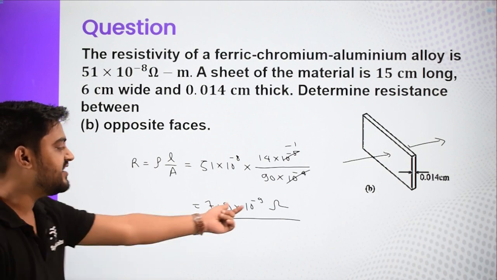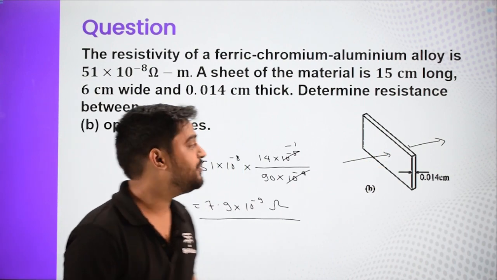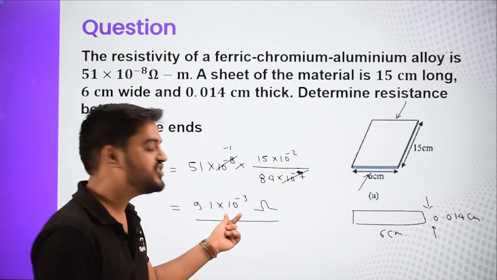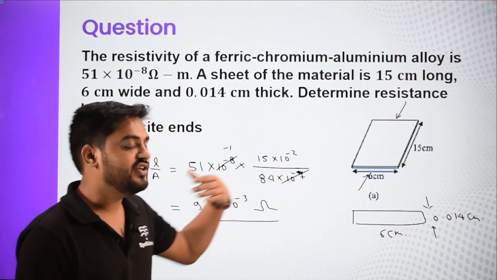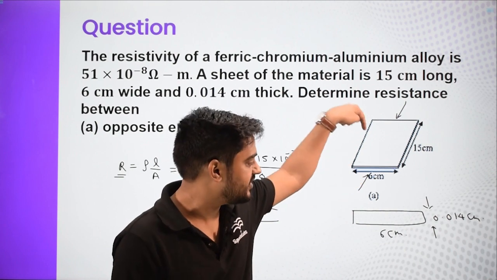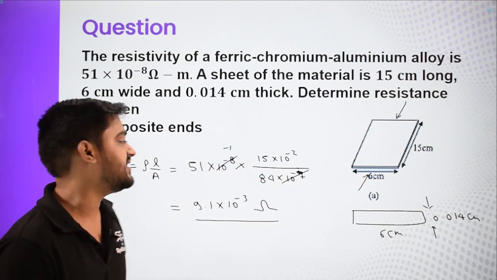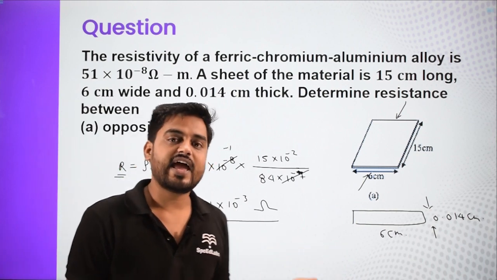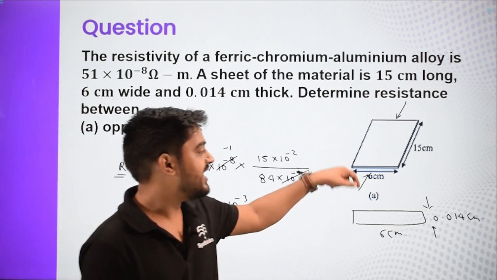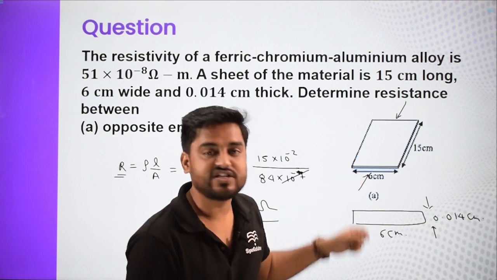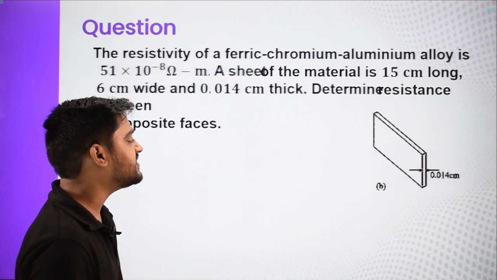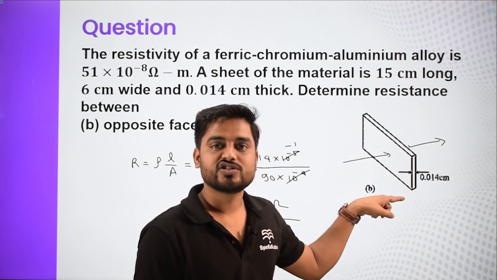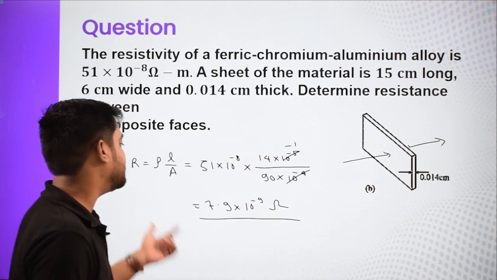This is 10 raised to power -9 ohm, and the previous one across these two was 10 raised to power -3. So the new resistance across these opposite faces is too small when compared to this resistance, because the length is more and the area of cross section is very less. And when you talk about the next case, the length is very less and the area of cross section is too much. So that's why there is a lot of change in the resistance.